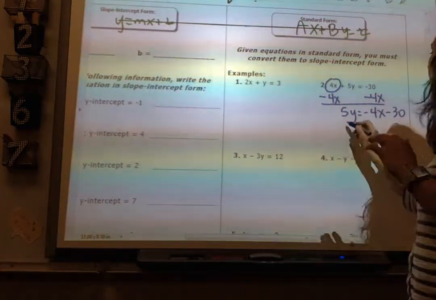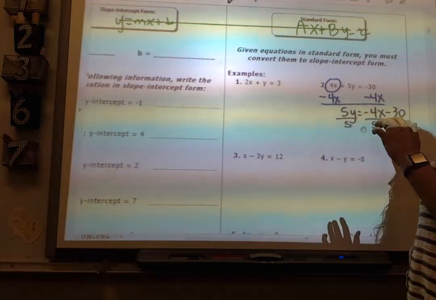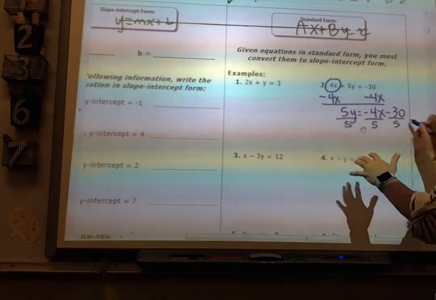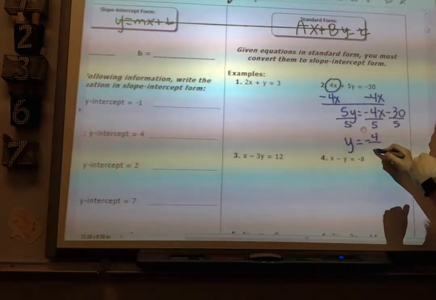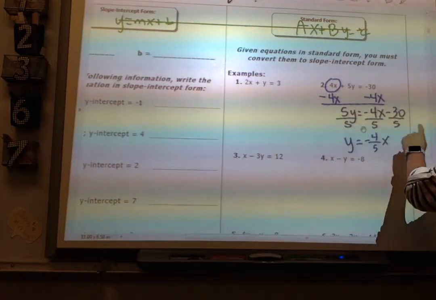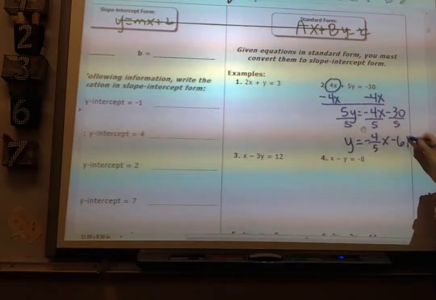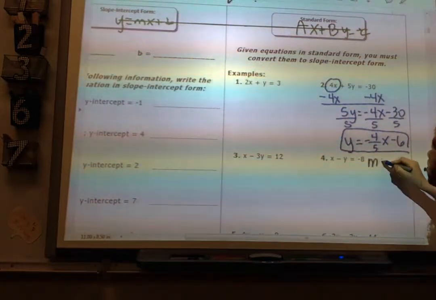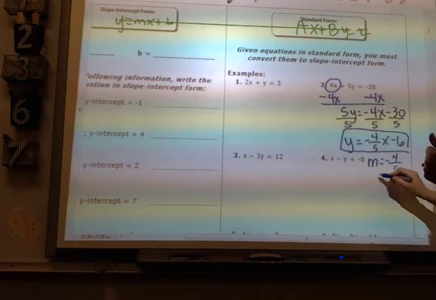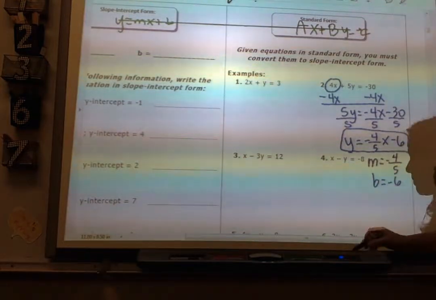Divide everything by 5. So watch what I'm doing here. I'm dividing everything by 5. And so I'm left with y equals negative 4/5 x, and negative 30 over 5 is negative 6. So that's what I'm going to box. And now I can identify my slope is negative 4/5, and my beginning point is negative 6.